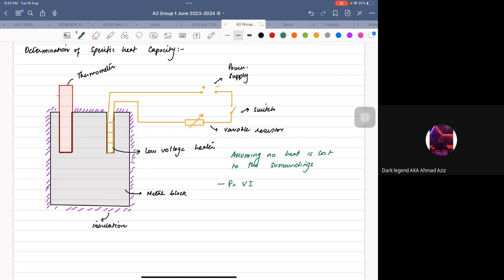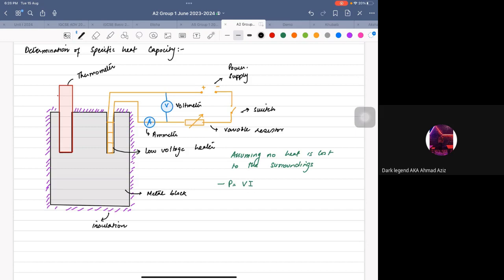Because we can put a voltmeter across the heater, and the amount of current will depend on the ammeter, like this. So you can measure current from the ammeter. You can also label this if you've not drawn the exact symbols. That's fine as well.